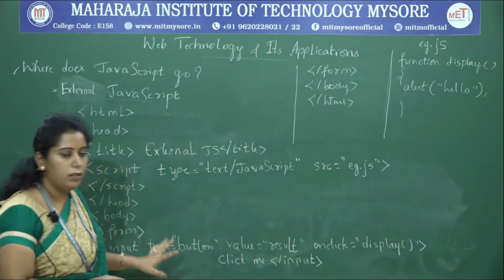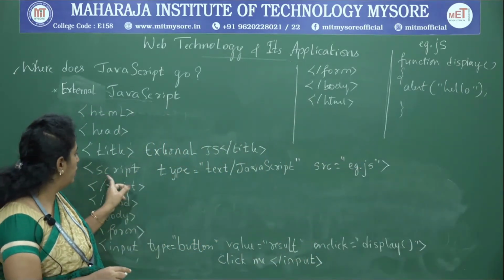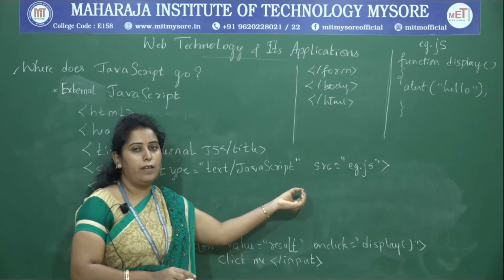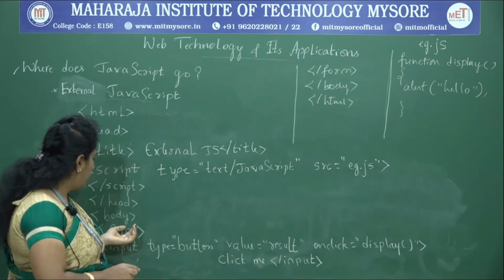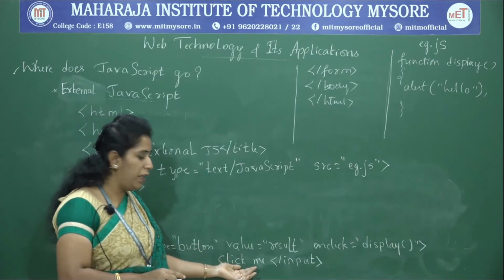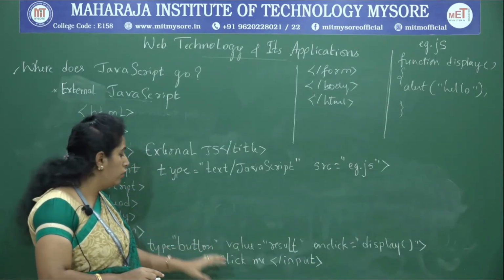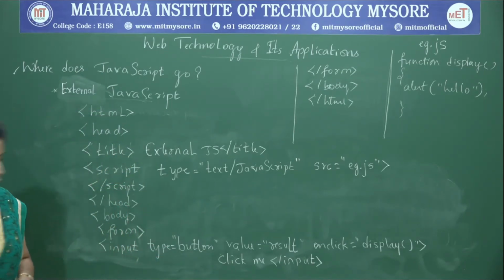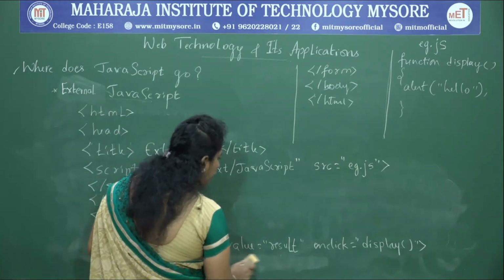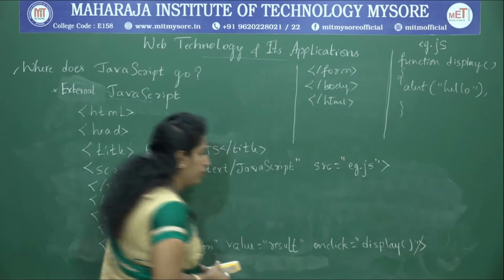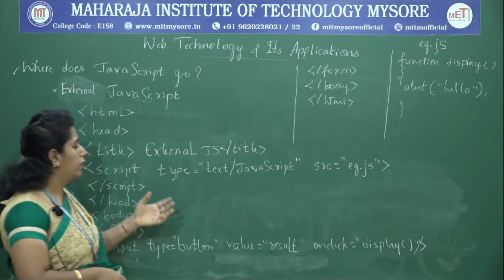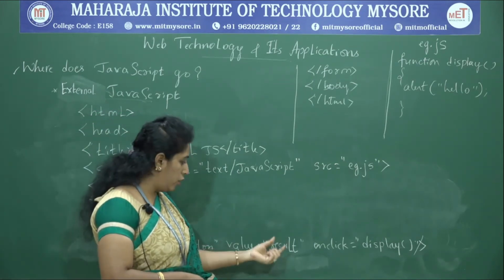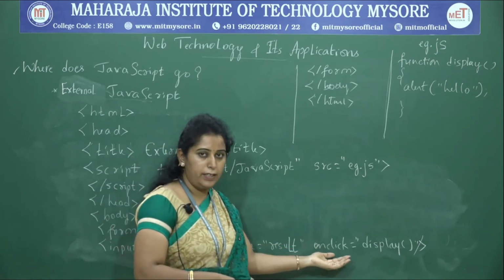Coming back to the HTML, how is it going to work? See, this line is implementing external JavaScript. You are including your JavaScript file in your HTML. Inside the body part, when you click on click me, you are performing a click operation. When you come to the body part, there is a result, and when you click on that result, onclick gets activated.